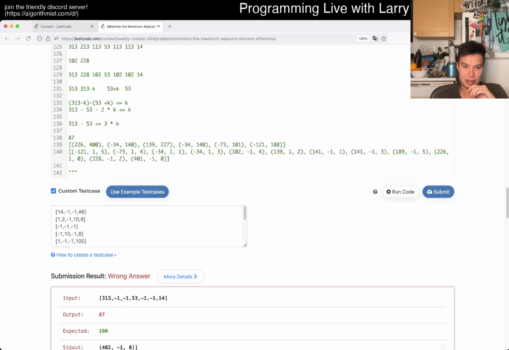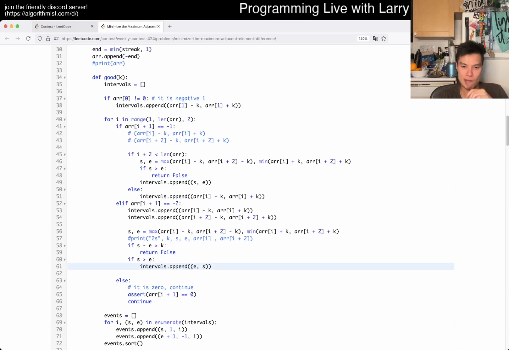Right. I don't know how to set these constraints in that way.